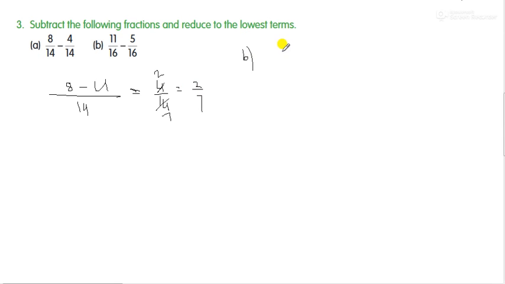Next the B bit is 11 by 16 minus 5 by 16. So here the LCM is 16. 11 minus 5. So here 6 by 16 is the answer. So here 2 3s are 6, 2 6s are 12, 2 7s are 14, 2 8s are 16. So here 3 by 8.